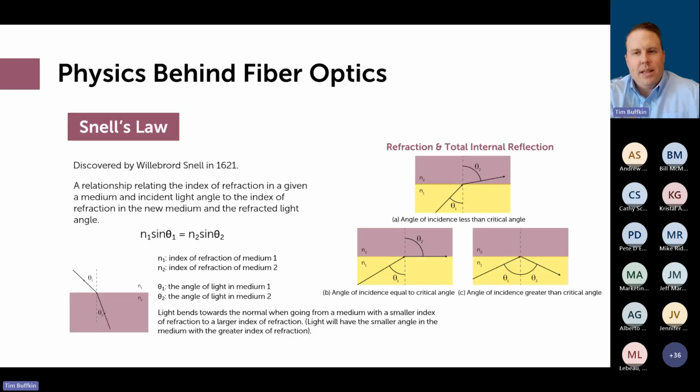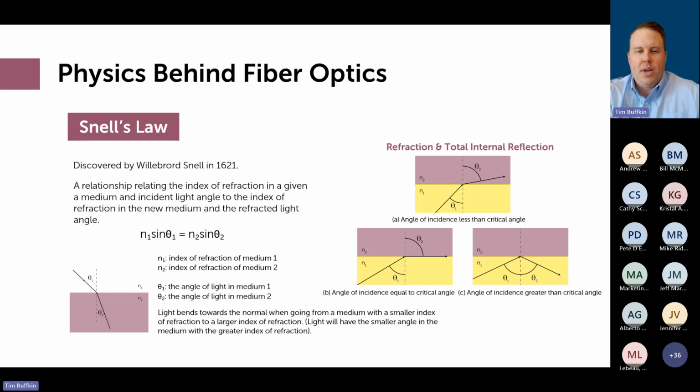So to go into this a little bit more, we'll look at what's called Snell's law. Snell's law was discovered by a man named Willebrord Snell in 1621. What he did was look at the relationship relating the index of refraction in a given medium and the incident light angle to the index of refraction in the new medium.